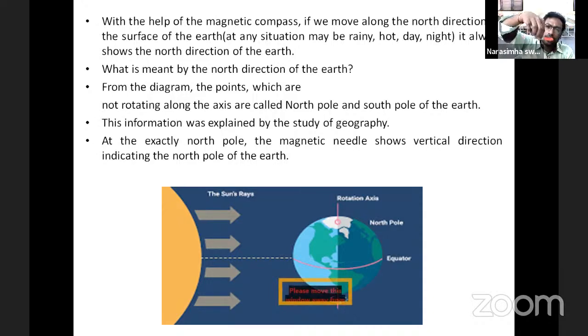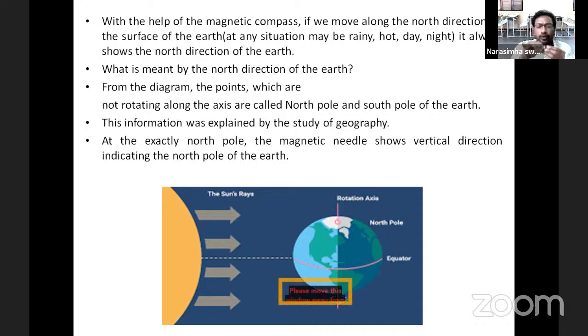If you hold it like this, then it moves in the vertical direction. This is the y-axis and this is the x-axis.